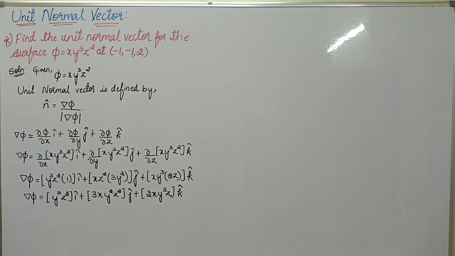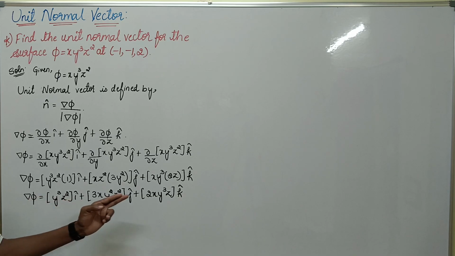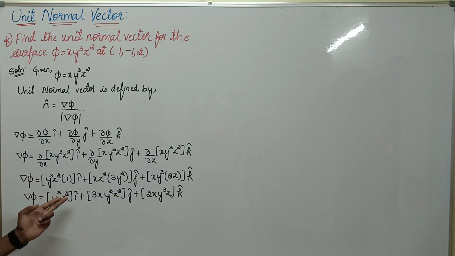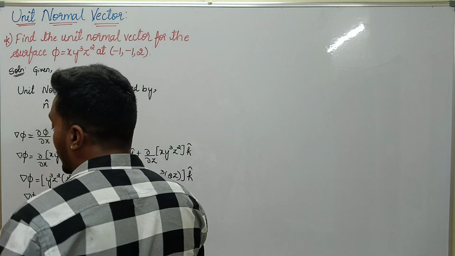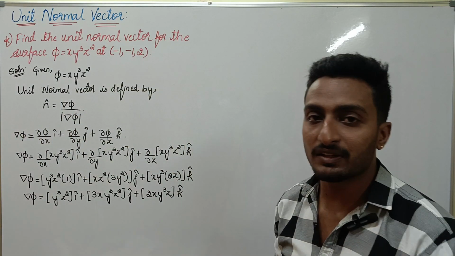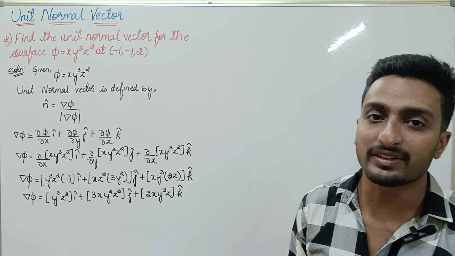This is our gradient phi differentiated with respect to x, y, z with respect to direction i, j, k. Done. Now we are going to apply the point after simplification of gradient phi.